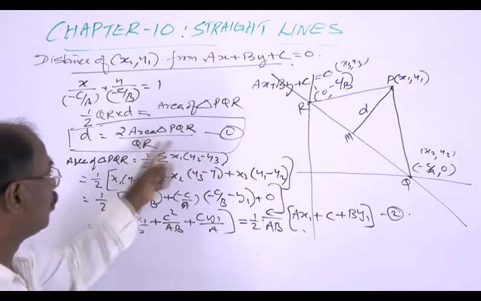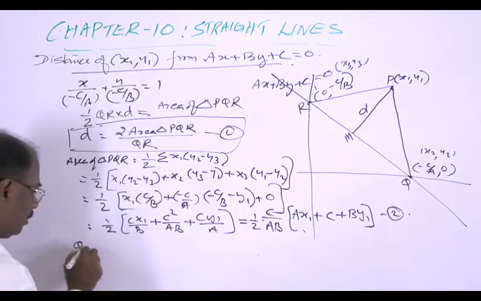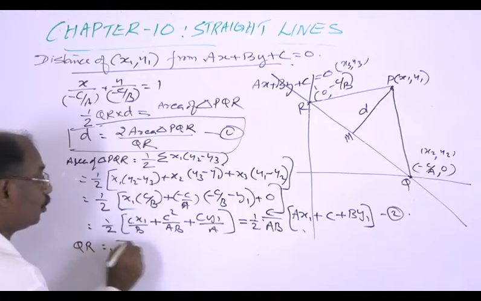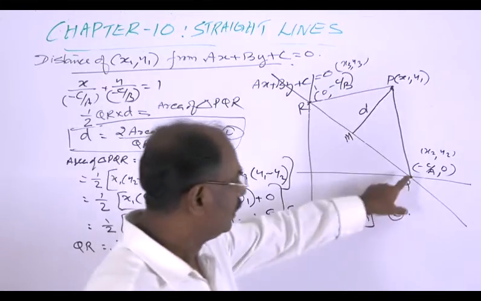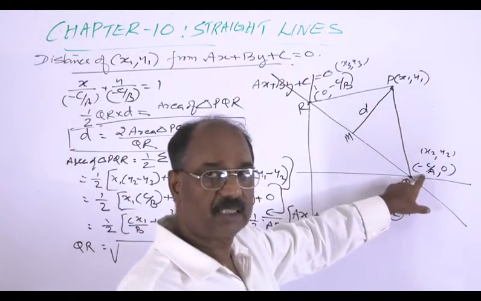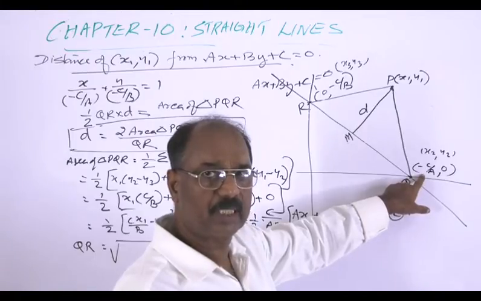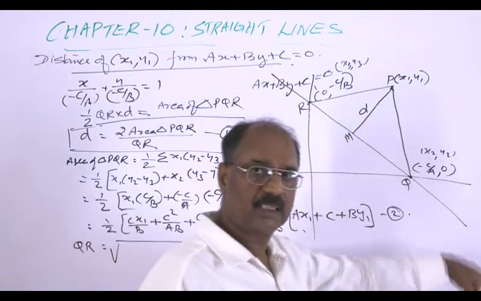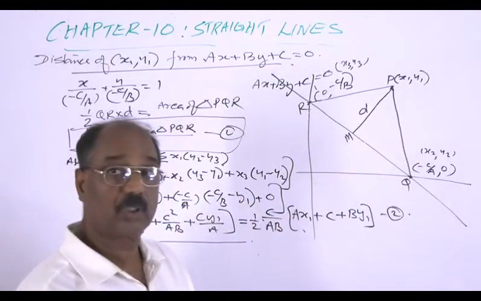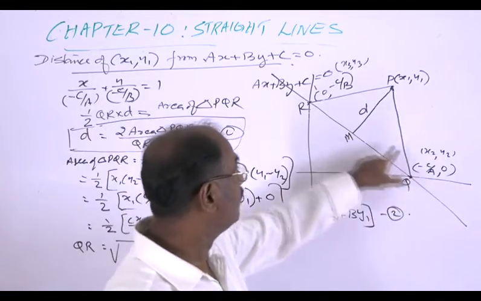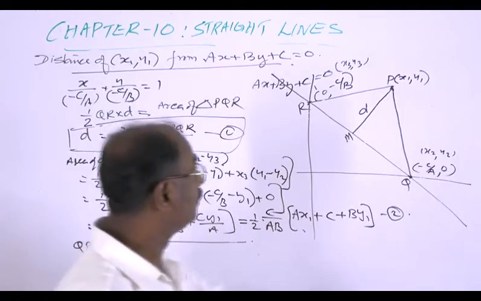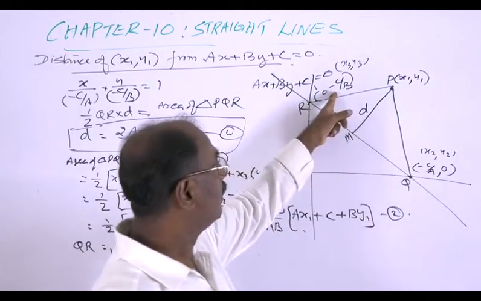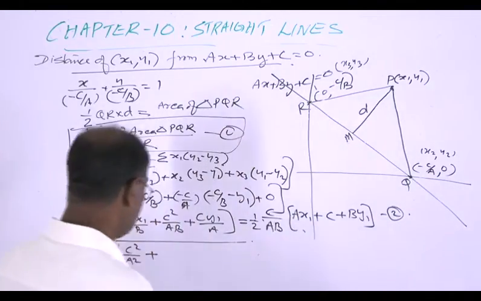Again, this distance QR is equal to the root of x1 minus x2 whole square plus y1 minus y2 whole square. So minus c by a minus 0 whole square, c squared by a square, plus 0 minus c by b whole square, c squared by b square.